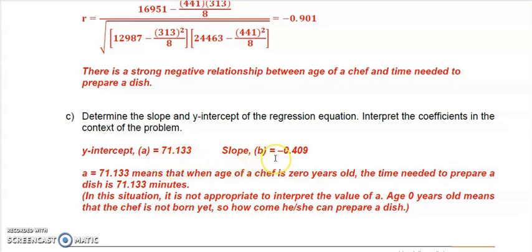Now, how to interpret the slope? Recall: when we add 1 unit in x, y will increase or decrease by b units. If b is positive, it will increase. However, if b is negative, it will decrease.